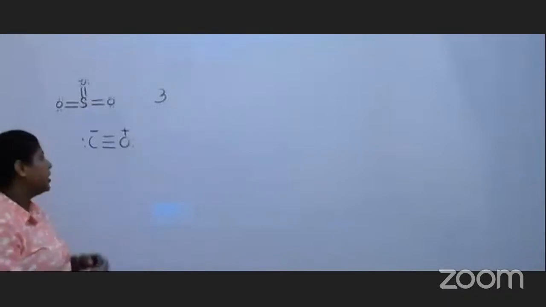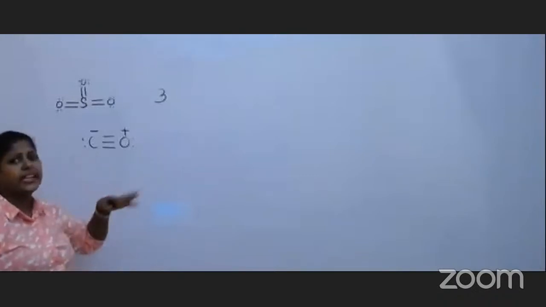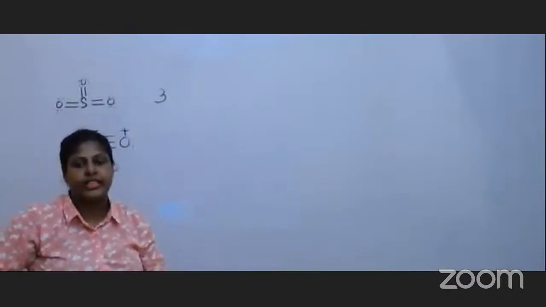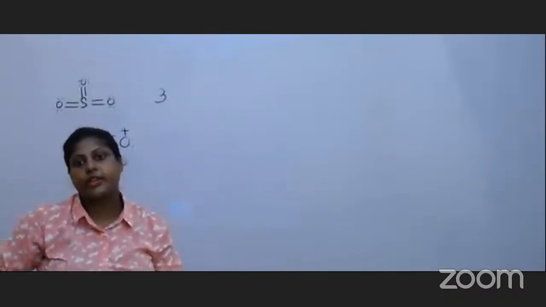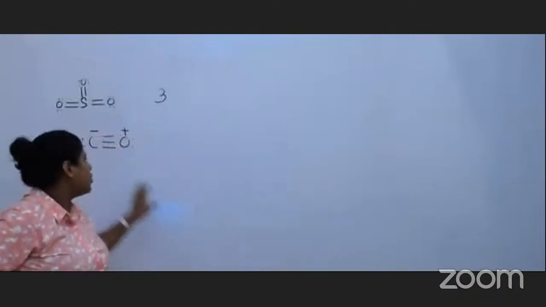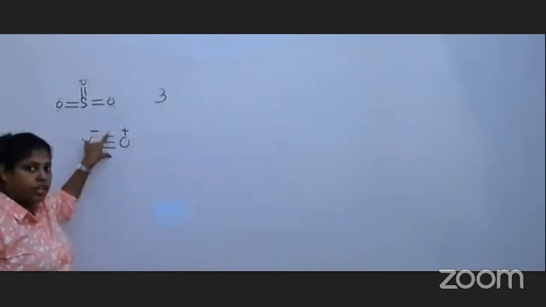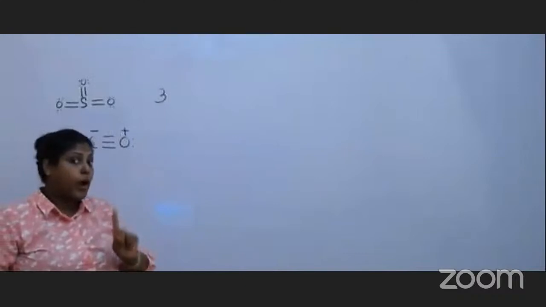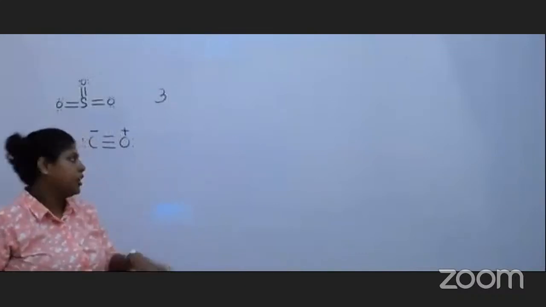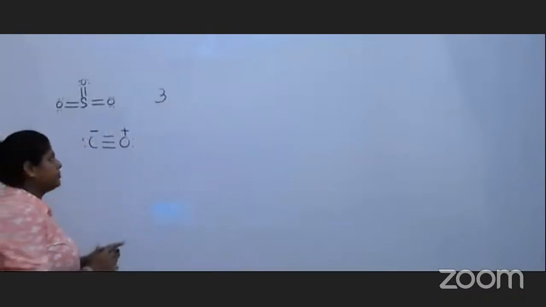Here the central atom is carbon, because when we select the central atom and surrounding atoms, theoretically we take the lowest electronegative element as the central atom. So when you take the carbon, it has a triple bond. One triple bond is considered as one VSEPR. So total VSEPRs around this carbon atom is 2.